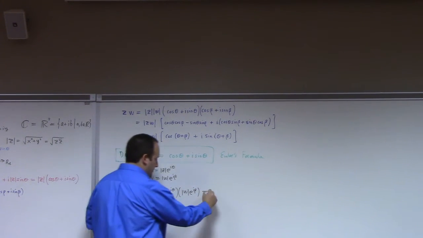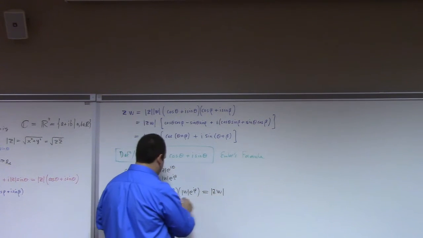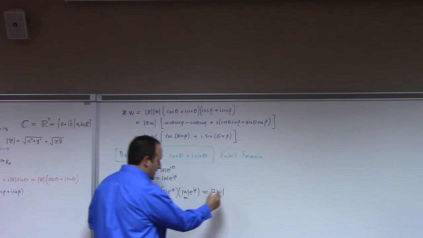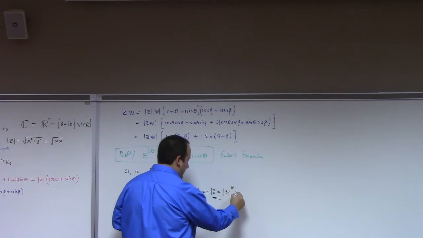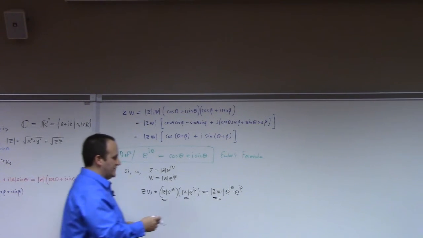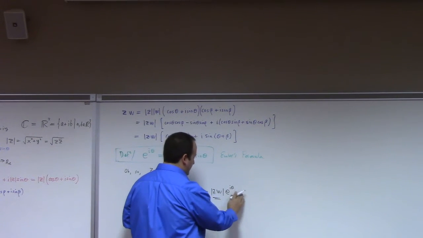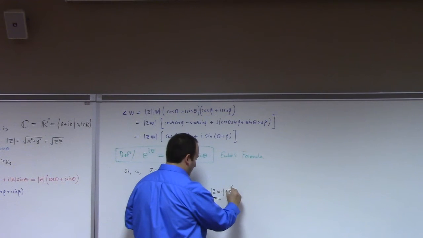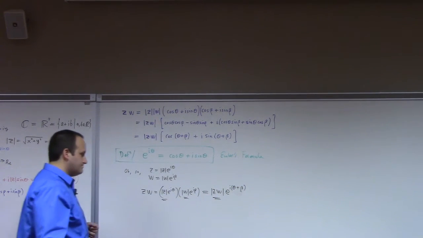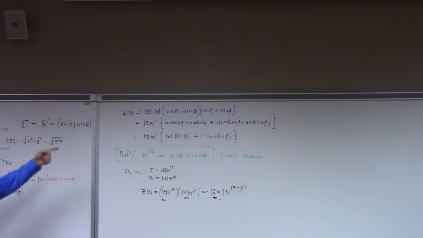We get modulus of z times w, combining this guy and that guy, right? And we have e to the I theta, e to the I beta. But let me just be more to the point. It's really e to the what? E to the I theta plus beta, right? I mean, that's what we proved in the purple.